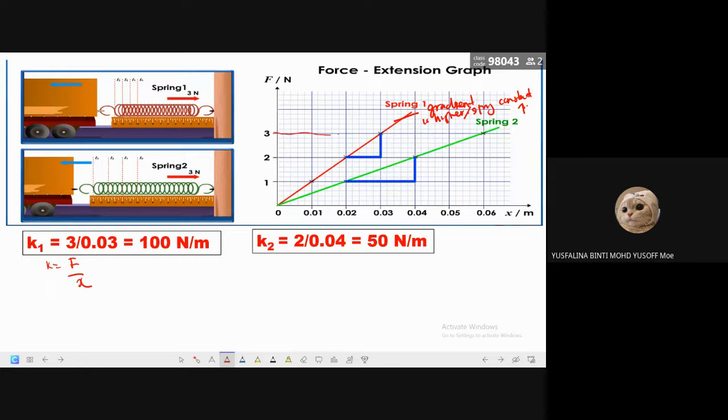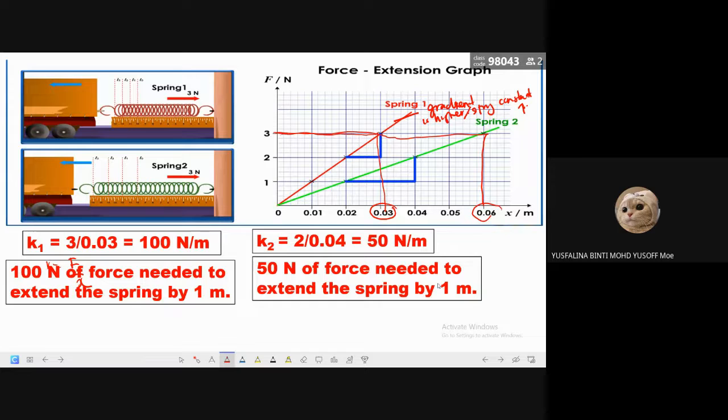For spring 1, 3 Newton corresponds to 0.03. And for spring 2, 3 Newton corresponds to 0.06. So for spring 1, when you give a force of 3 Newton, it will stretch 0.03 meter. But for spring 2, if you give 3 Newton, it will stretch until 0.06 meter.